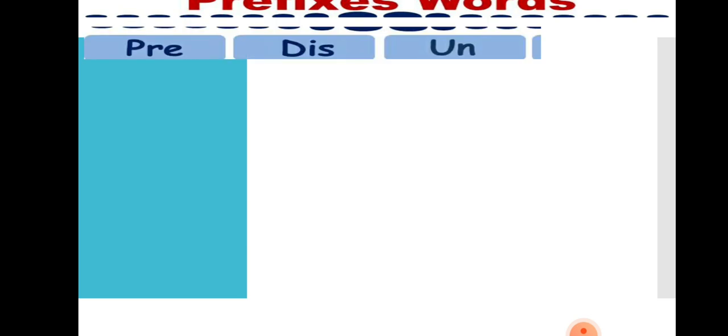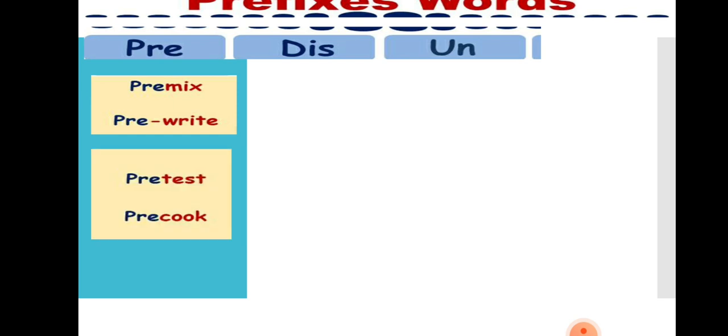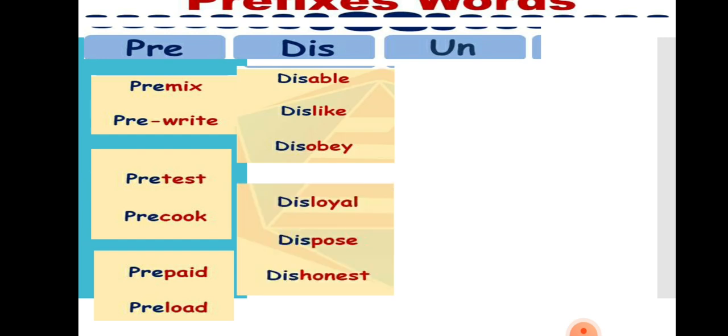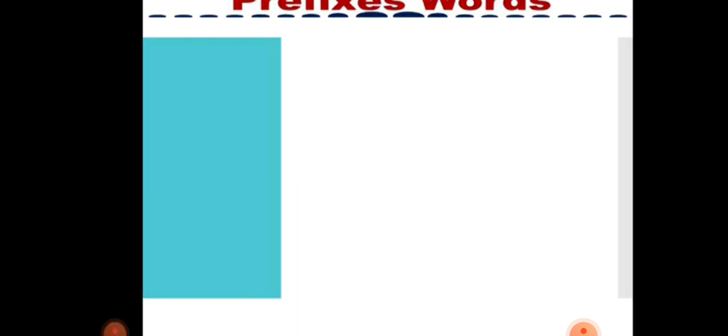Now you can see here again the same. So prefixed words, we are going to see pre, dis, and un. Already we have seen that, so you can go through that again. So pre comes under prefix, dis comes under prefix, and un comes under prefix.